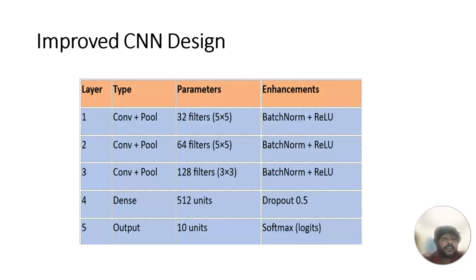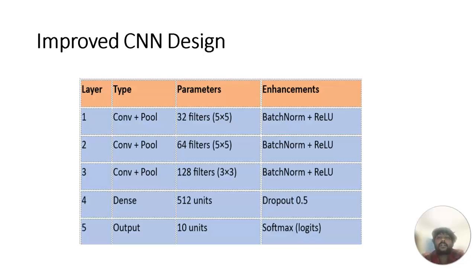Here I have compared the layers by type, with parameters and with the enhancements. With these enhancements, I have done all the convolution plus max pooling with batch norm and ReLU.